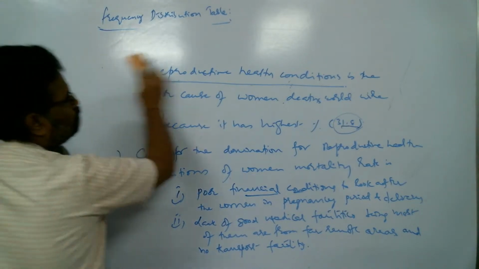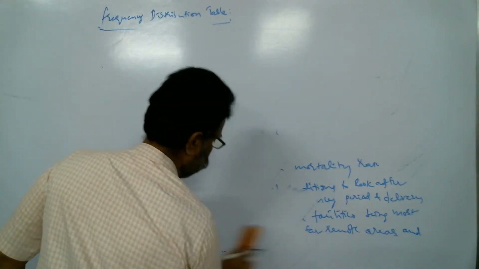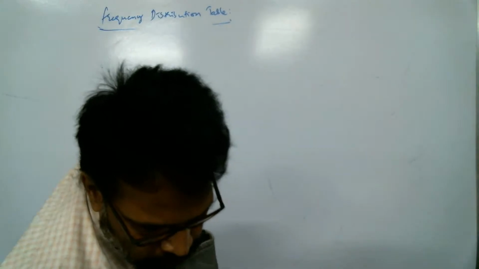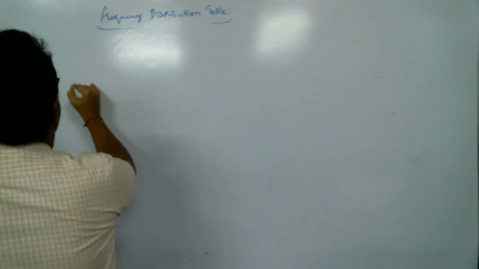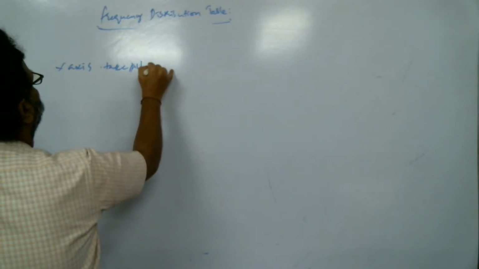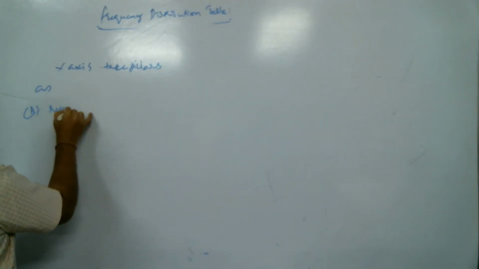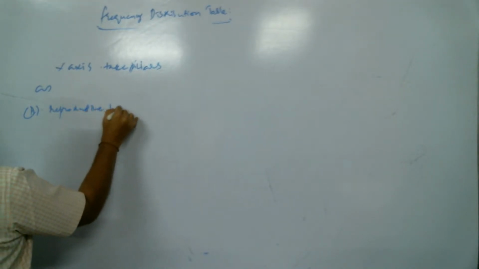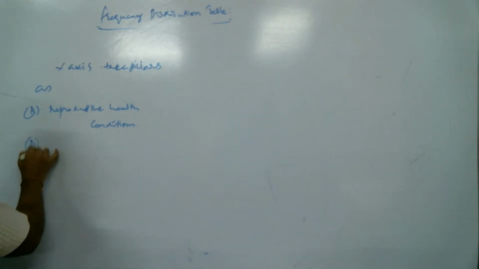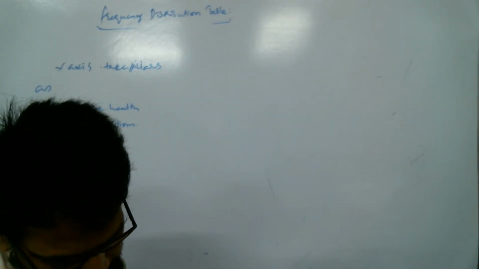Okay. Now I'll explain the first bit. How to indicate the fertility rate. On the x-axis you take pillars. One, A, reproductive health conditions. B, neuropsychiatric conditions.